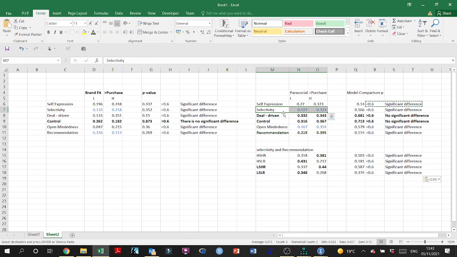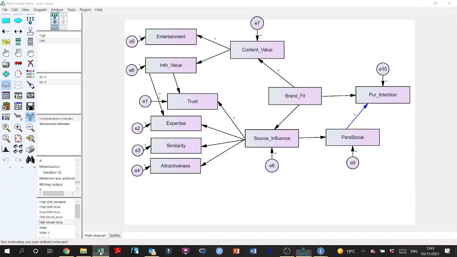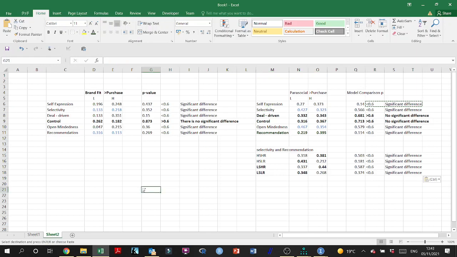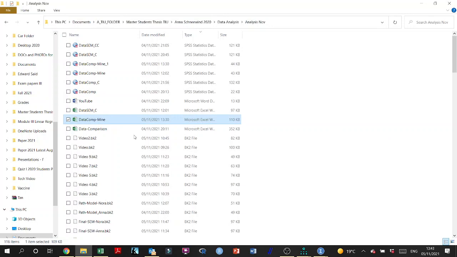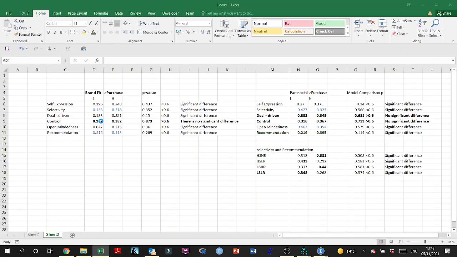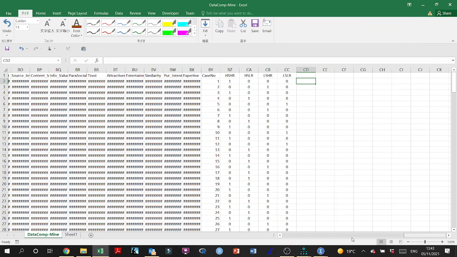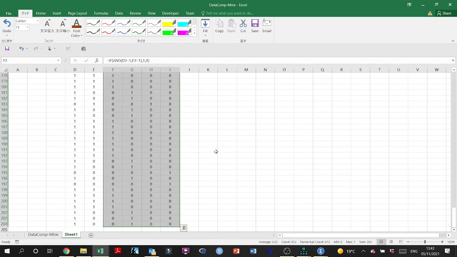Maybe I want to count how many individuals in the data set were responsible for high selectivity and low recommendation. So I'm gonna go here on my Excel sheet, right? And try to look into where the data set is. And this is, for example, here.